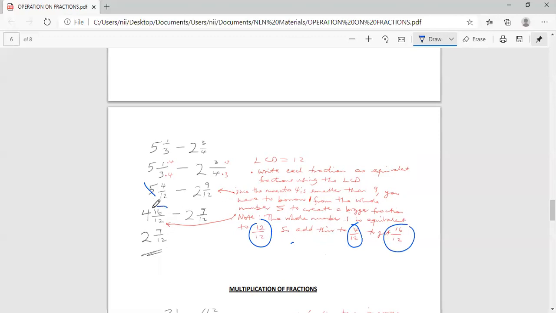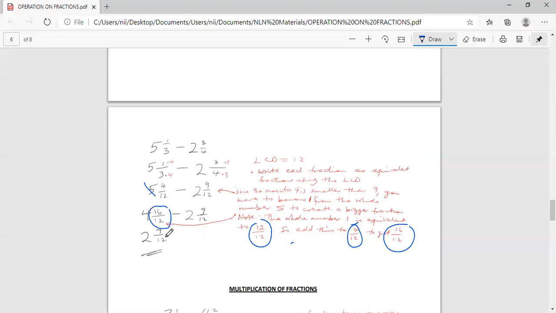So that's where this number came from. Now I've created a bigger fraction. So I have 4 whole numbers, 16 out of 12, minus 2, 9 over 12. Now I can subtract the numerators. 16 minus 9 gives me 7 out of 12 parts. And then subtract the whole numbers, 4 minus 2, you have 2.